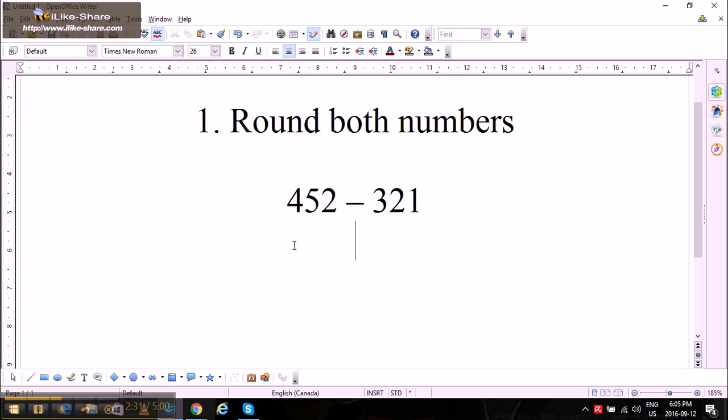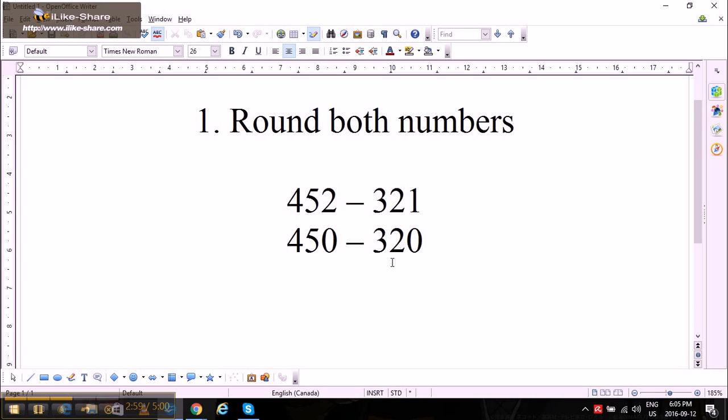You can challenge yourself. Okay, so in this case 452 is going to round to my 10th place here. So I look to my ones for my indication whether this gets bigger or not. This number is not 5 or higher, so I stay at 450. Take away, I'm going to round this number. Oh, it's not bigger than 5, so I'm going to stay at 320.